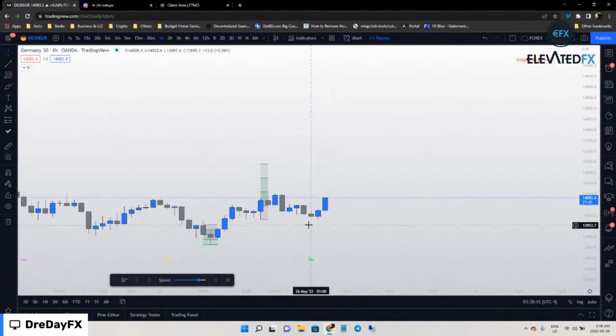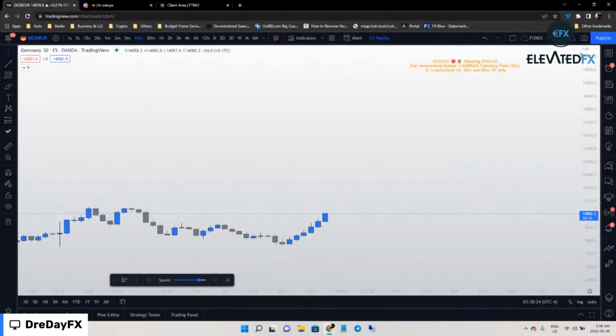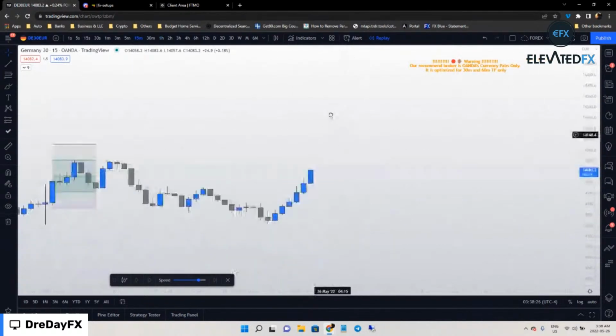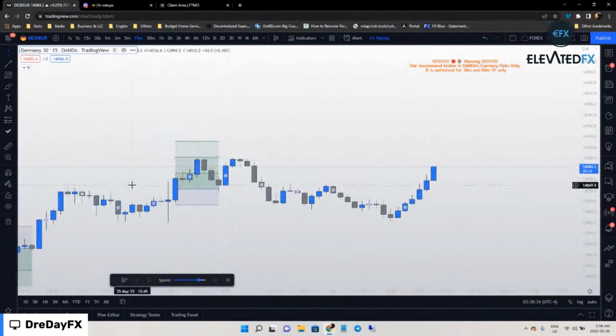I saw it's doing a swing to the upside here based on that candle. And if I look at the 15-minute, there's a big continuation here, and it's going to take those highs, the previous highs, for a continuation.